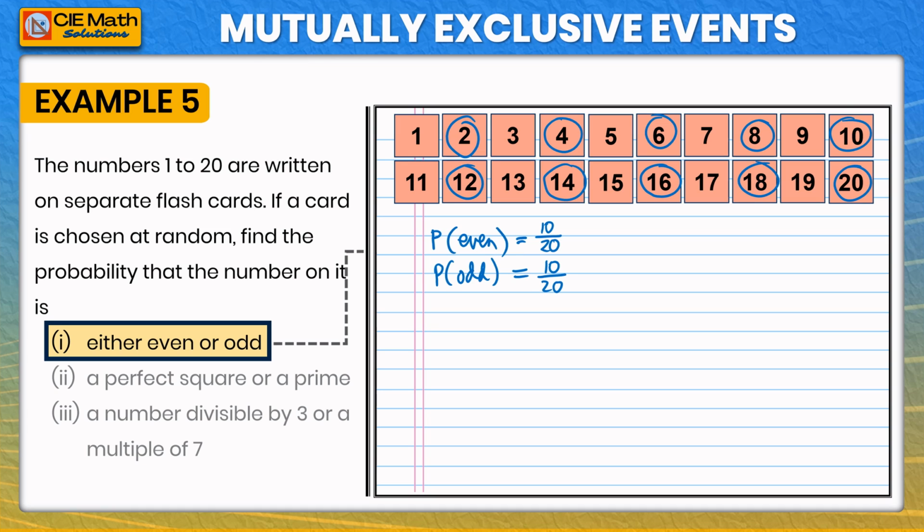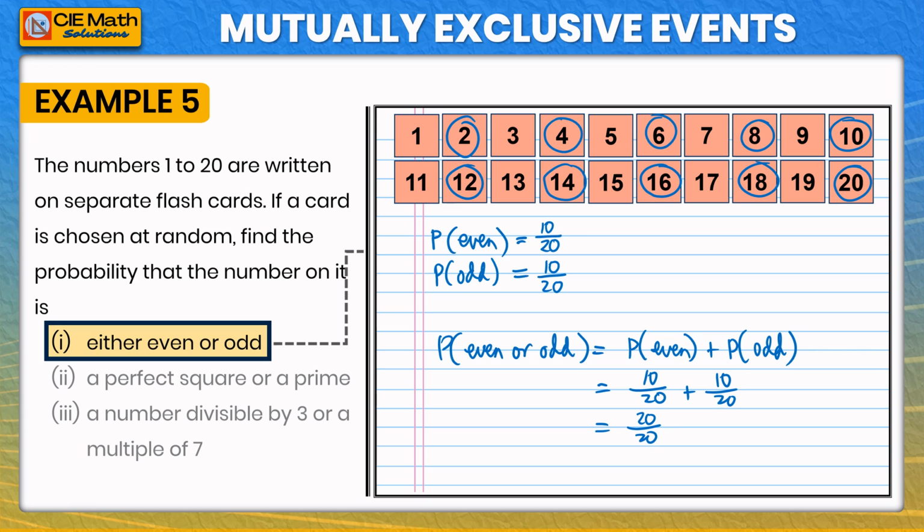So the probability of getting an even or odd will be the probability of getting an even plus the probability of getting an odd. This will be 10 over 20 plus 10 over 20, which will give us 20 over 20 or 1. The probability then of getting an even or odd will be 1.